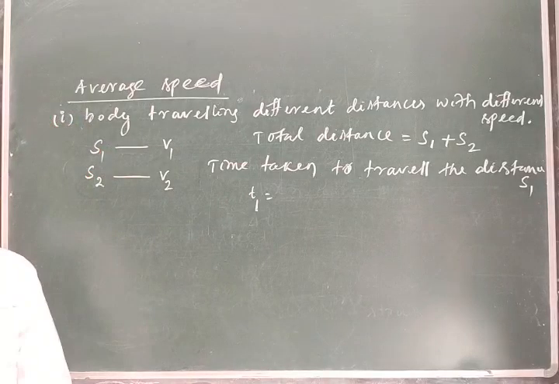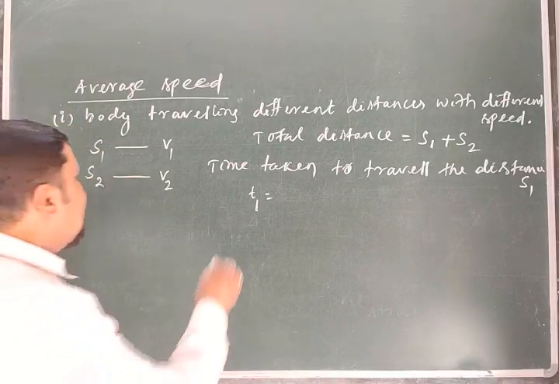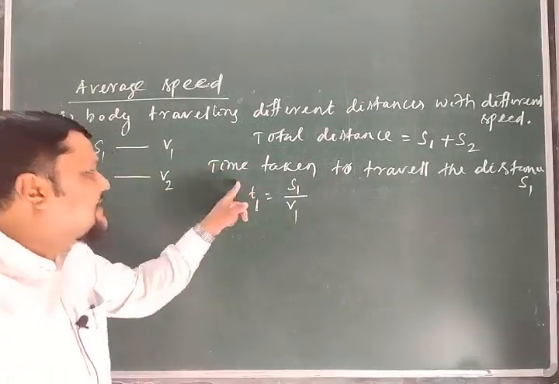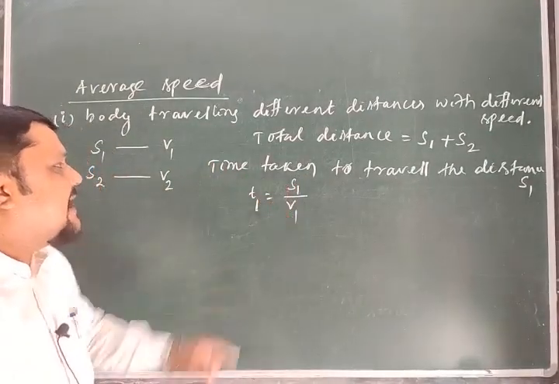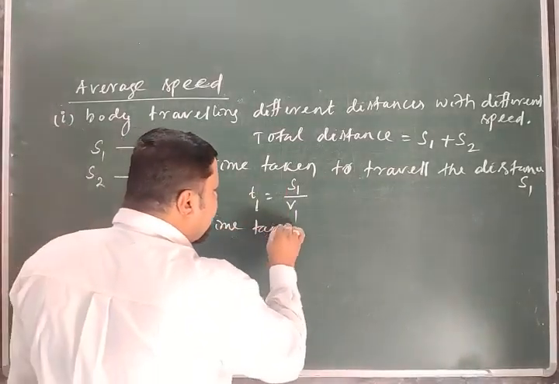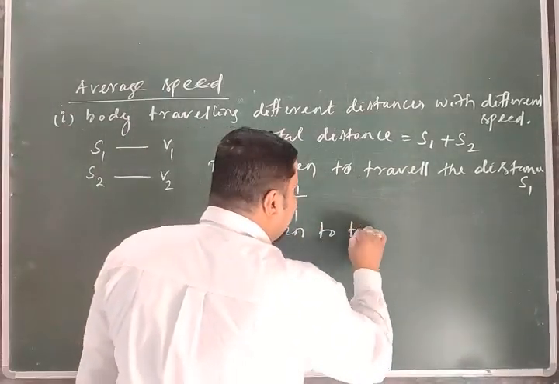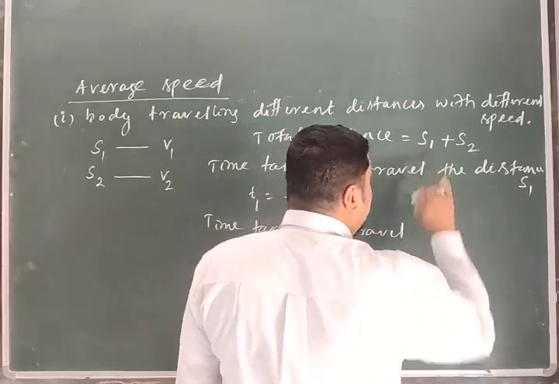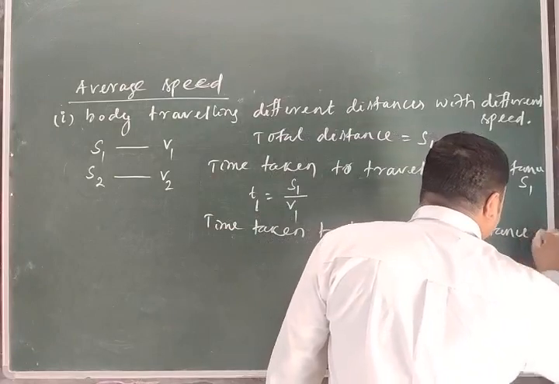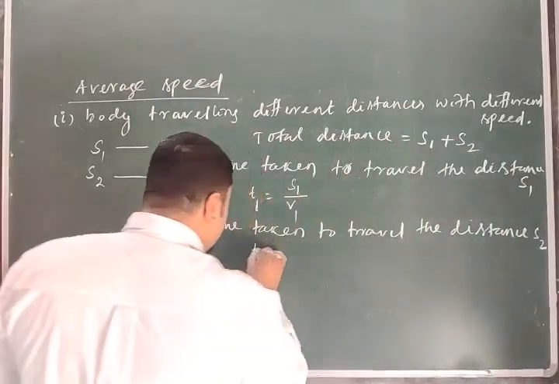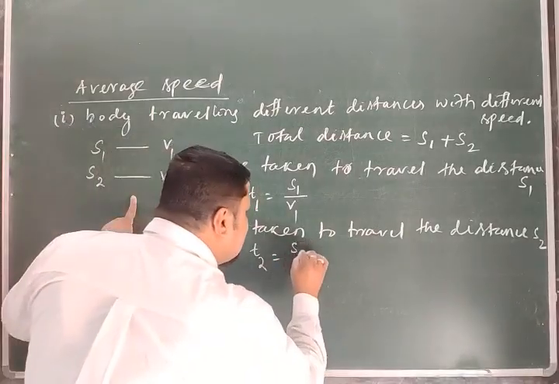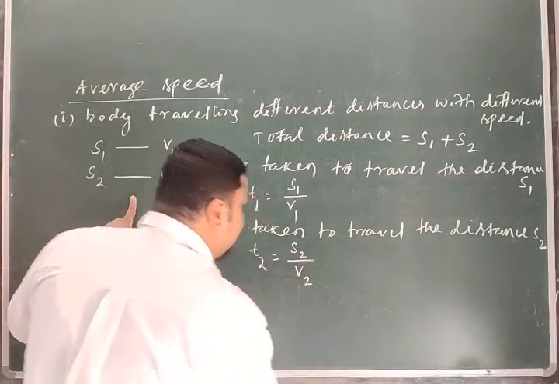T1 is equal to S1 by V1, that is distance by speed, because speed is equal to distance traveled by time, right? Similarly, let the time taken to travel the distance S2 be T2. T2 is S2 by V2, since the distance S2 is traveled with a speed V2.